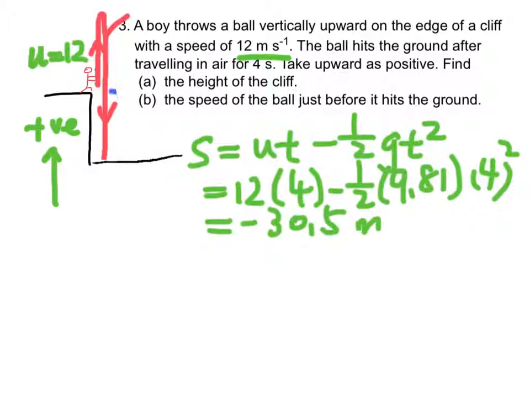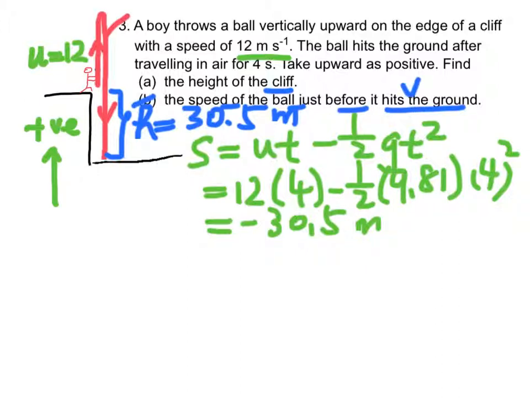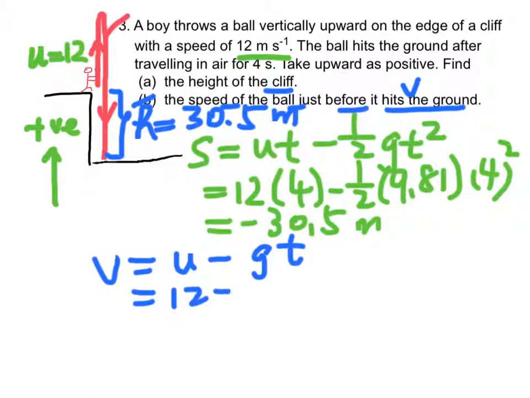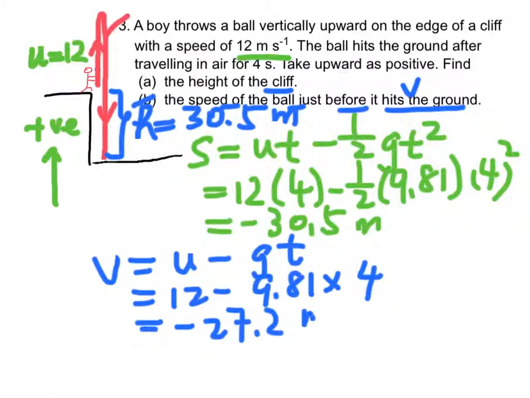which means that the height h of the cliff is equal to 30.5 meters. For part B, let the speed of the ball just before it hits the ground be v. We have v equal to u minus gt, which is equal to 12 minus 9.81 times 4. v equal to negative 27.2 meter per second.